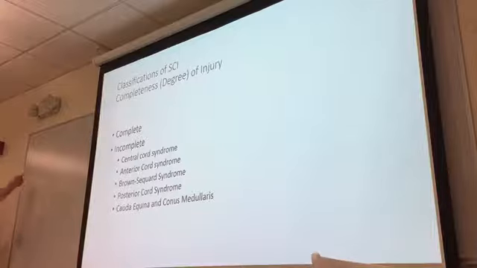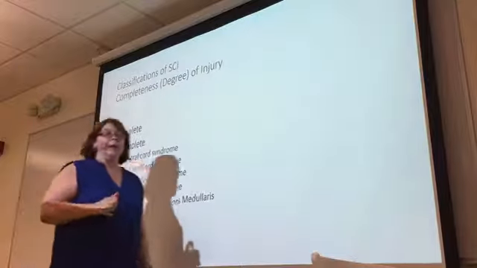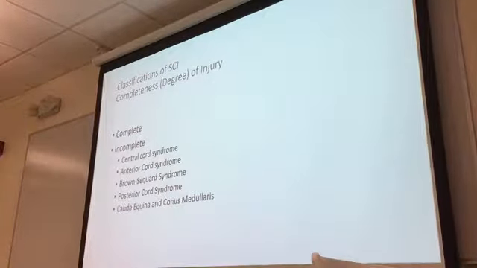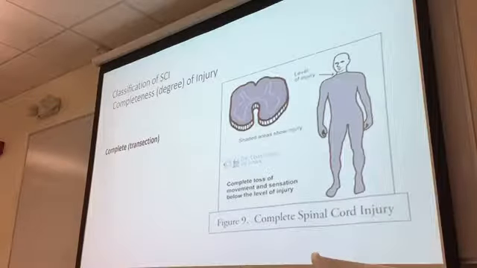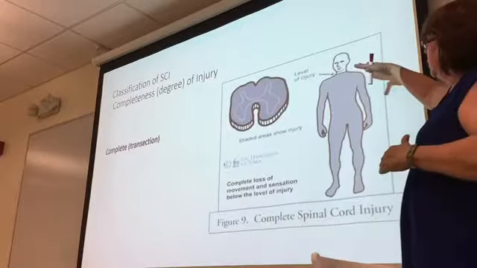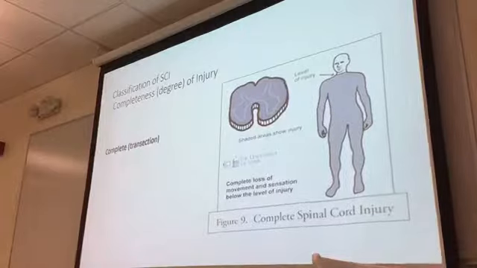But I can have half the spinal cord injured, I can have the middle of it injured, I can have the front injured, or the back injured. And that could cause all different deficits. That's why it's incomplete. So we have 5 different incomplete spinal cord injuries. So this is complete, straightforward, lost all motor and sensory below the level of injury.